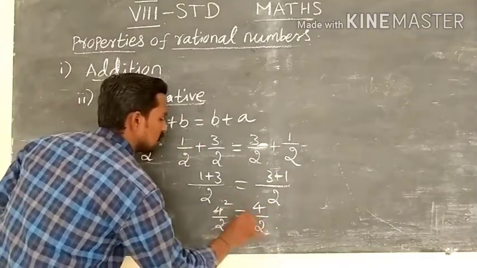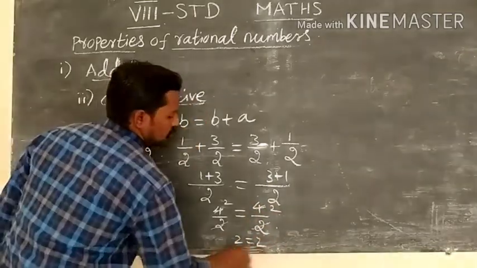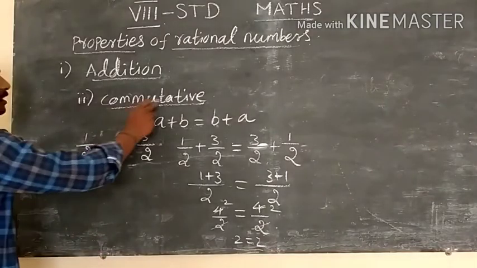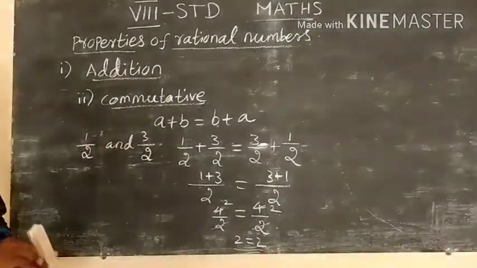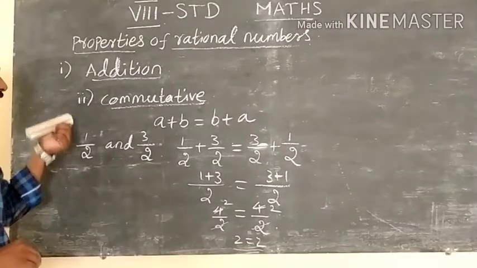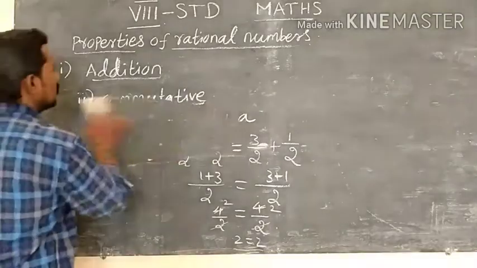Using cancellation, this is 2 and this is 2. 2 is equal to 2. So the condition is satisfied. So the commutative property is true under addition. You understood? The closure property is true under addition and the commutative property is true under addition.